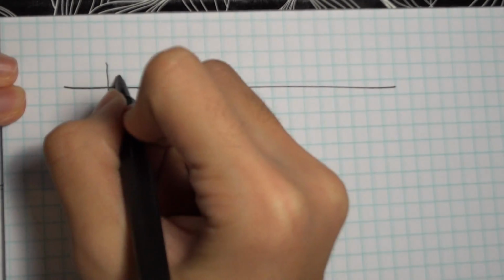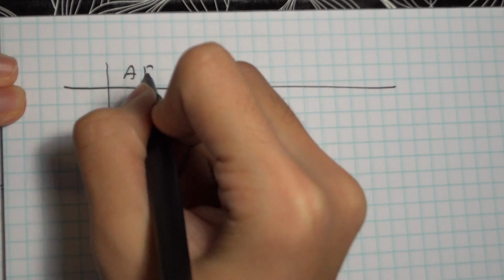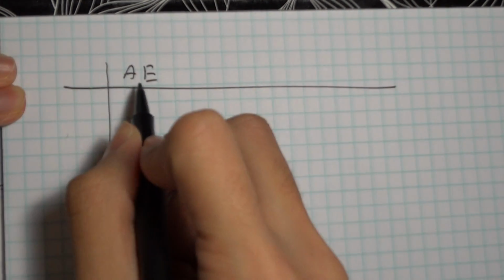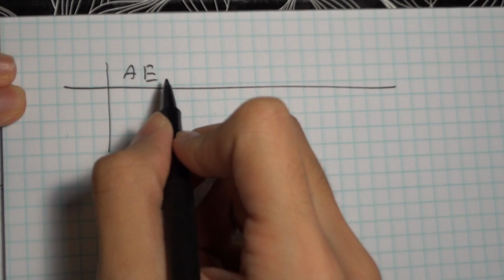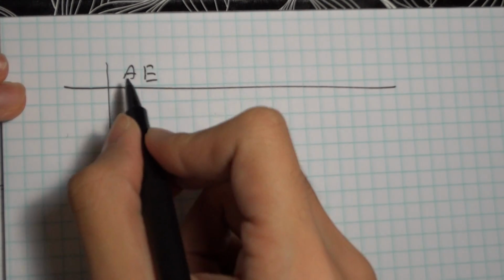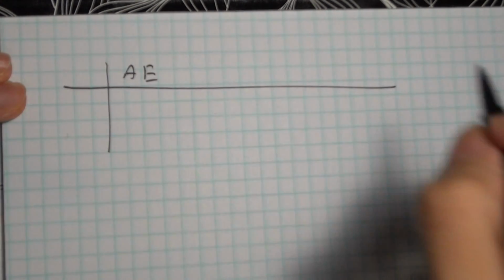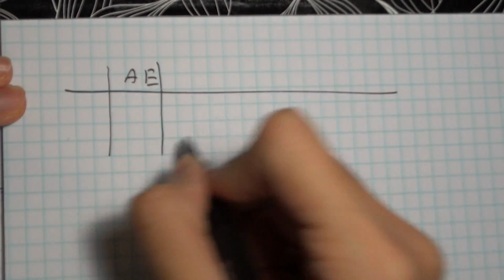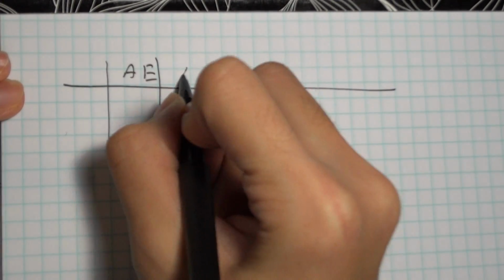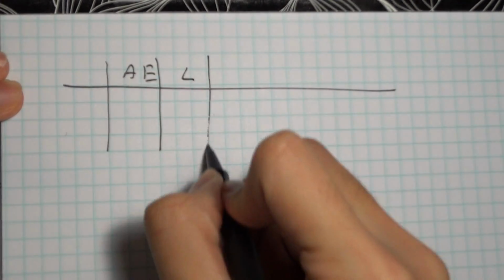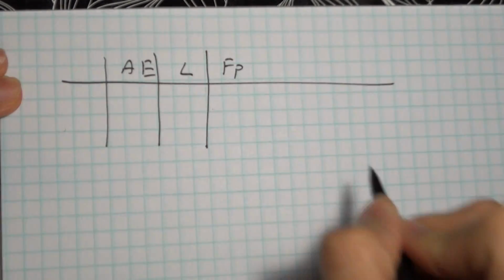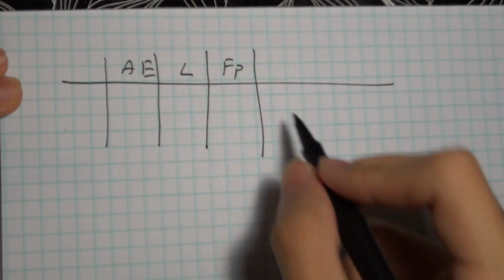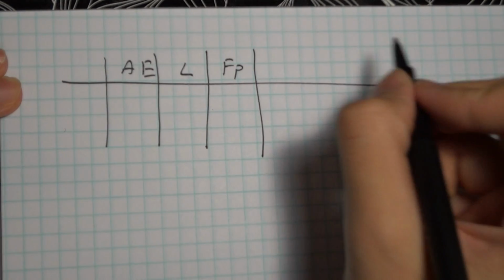This is AE. Normally you split these up into separate columns, but because our A and E are the same, we just multiply by 2 AE or 1 AE. I'm going to put them in their own column. We have length. We have the P system. And then we'll have several columns for the Q system.